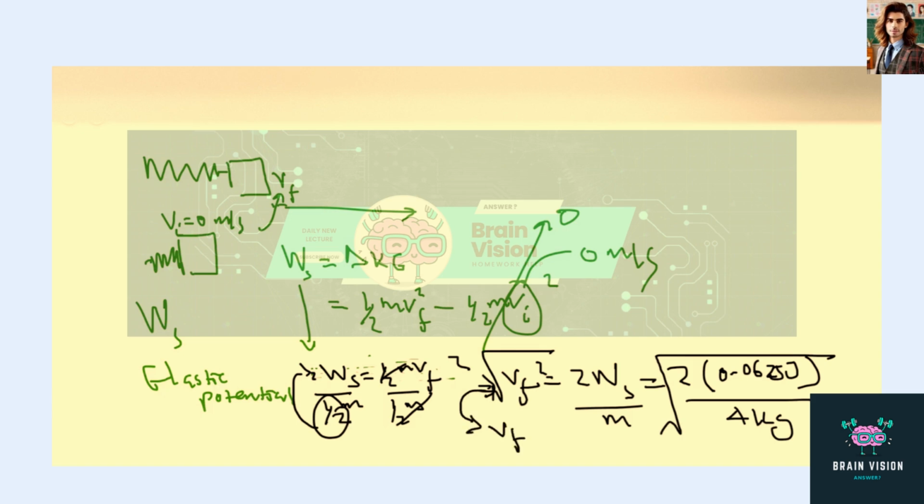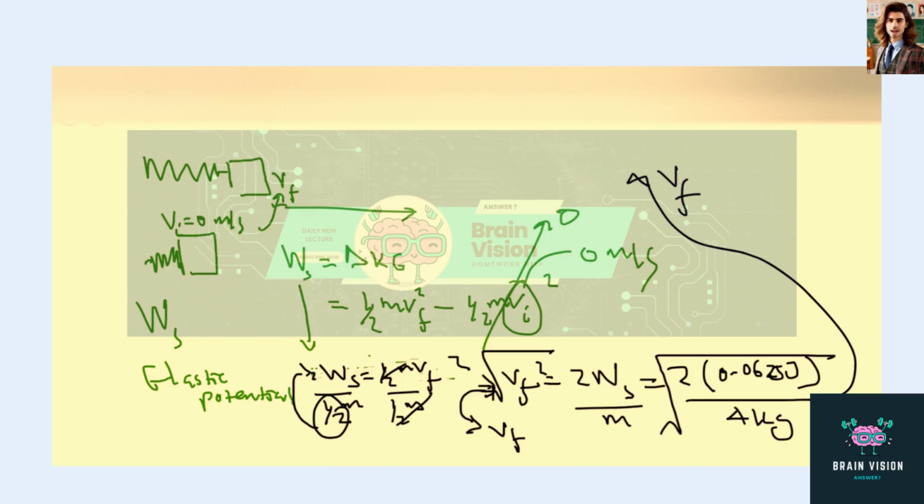So v final, if you plug in those numbers, I'll just use my calculator: the square root of 2 times 0.0625, divided by 4.